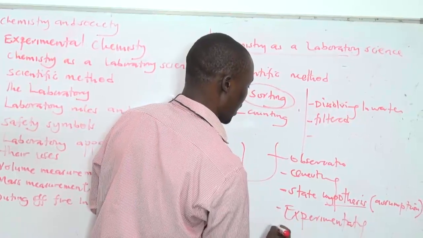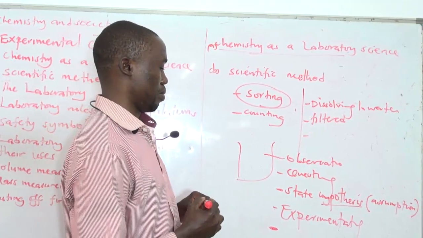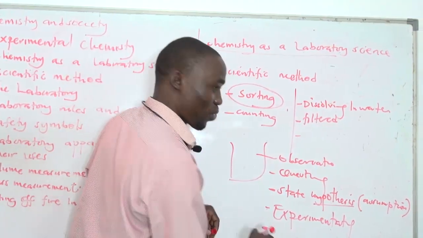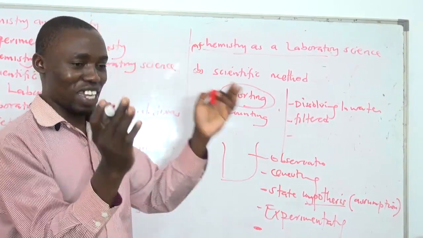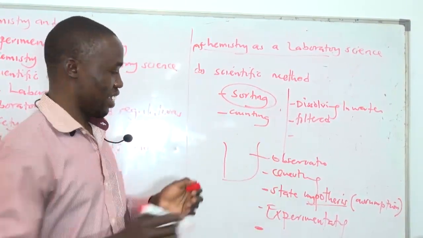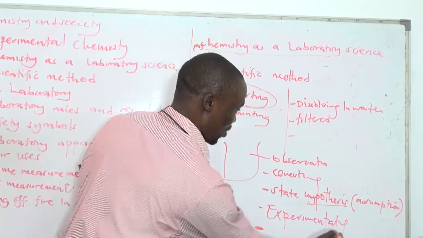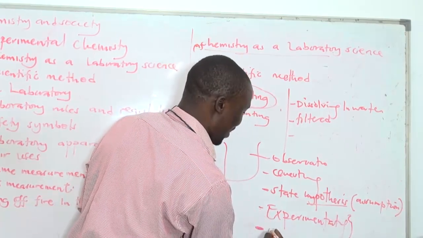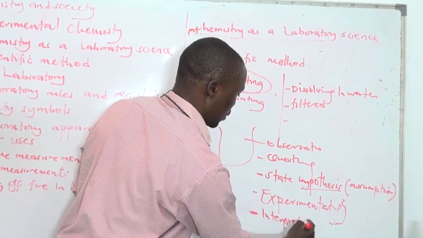Experimenting. Then after experimenting, what happens? Do you conclude? After sorting, sugar is there, bean seeds are there, and then you count. Then you interpret and analyze.